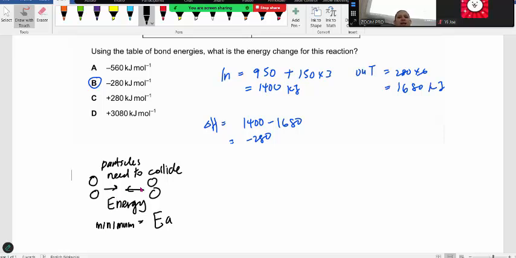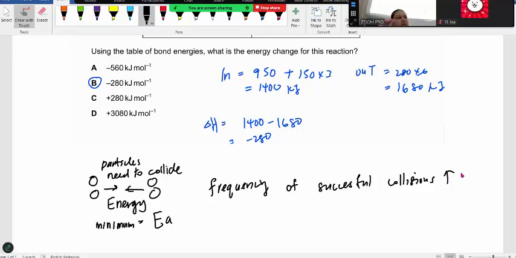When the particles collide more often and we get more product, we say the frequency of successful collisions increases. Get it?